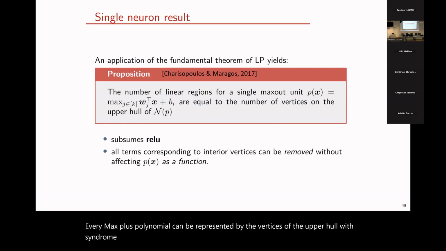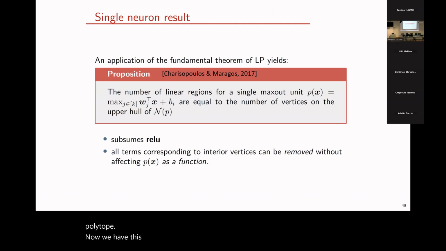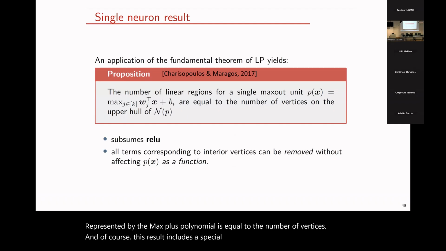Well, now we have this additional result that the number of linear regions for this single maxout neuron represented by the max-plus polynomial is equal to the number of vertices. And of course, this result includes, as a special case, neural nets with ReLU activations.